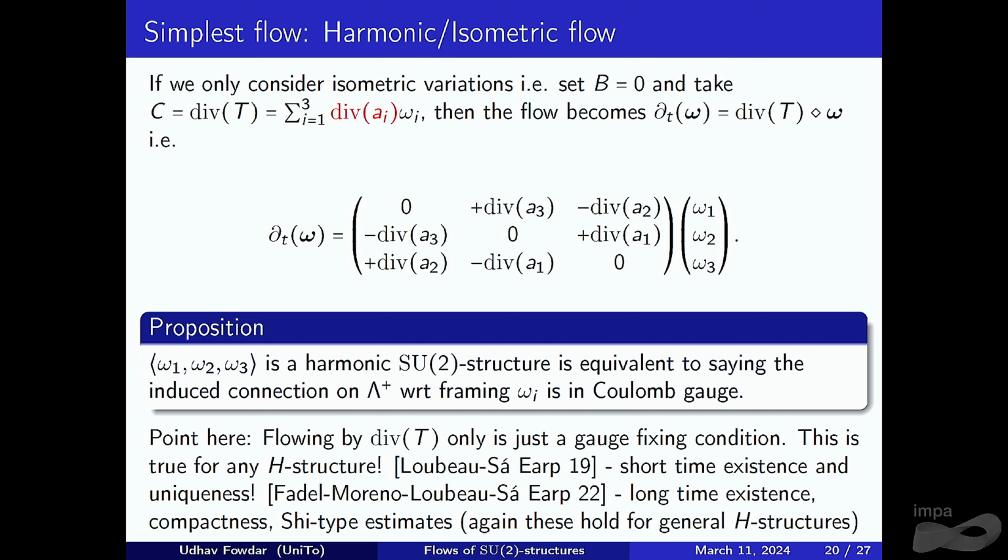There's no gauge in a statement about curvature. You think of the A1, A2, A3 as being the connection, and the co-differential of the connection vanishes. In physics, Coulomb gauge means that the divergence of the connection is 0. It's the divergence of the connection.